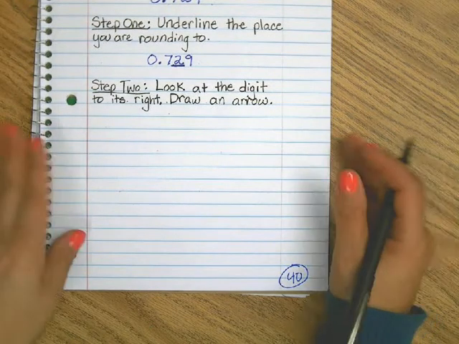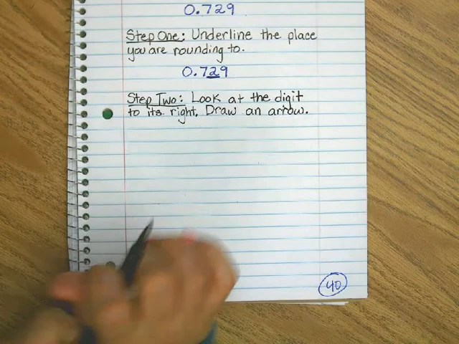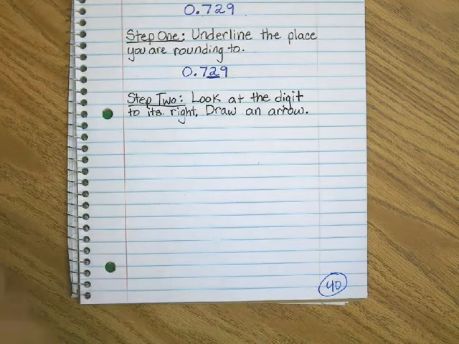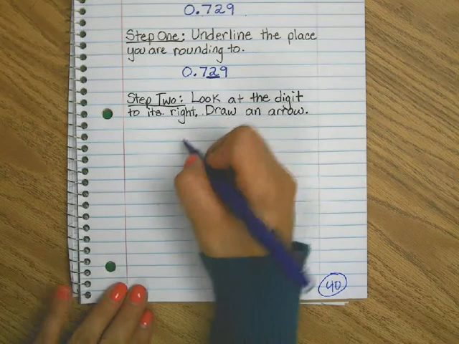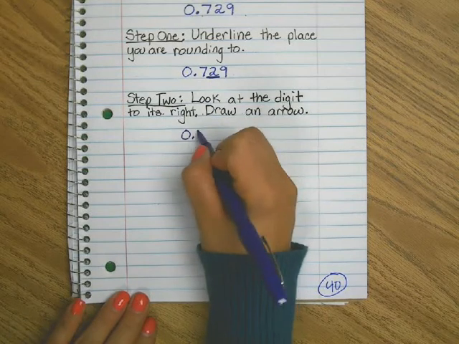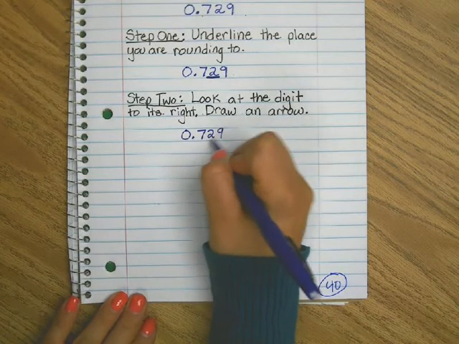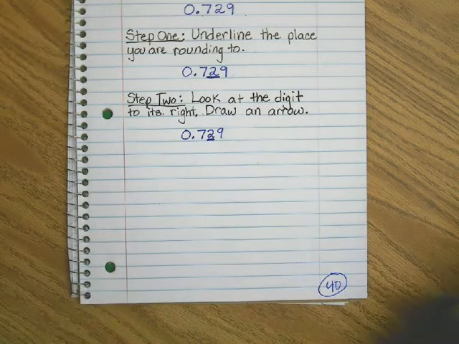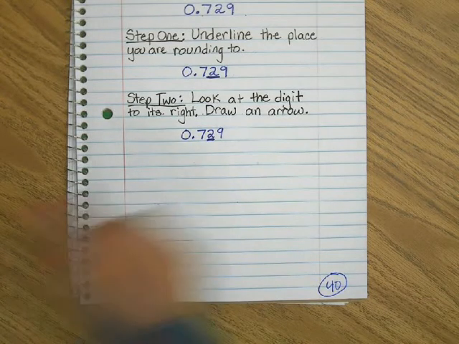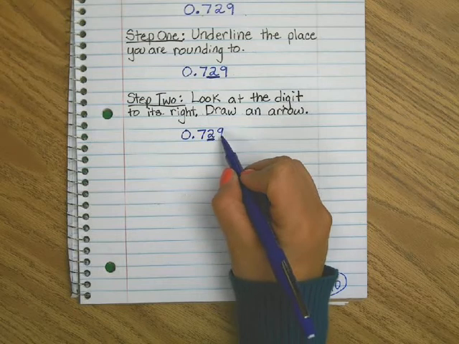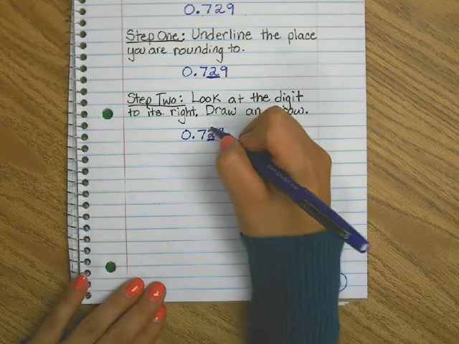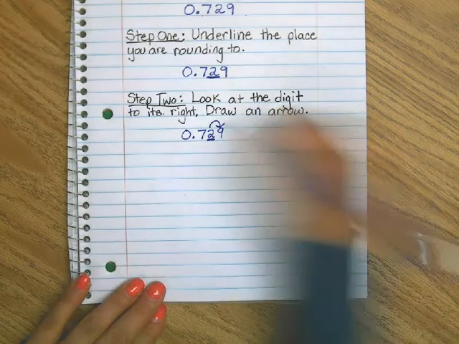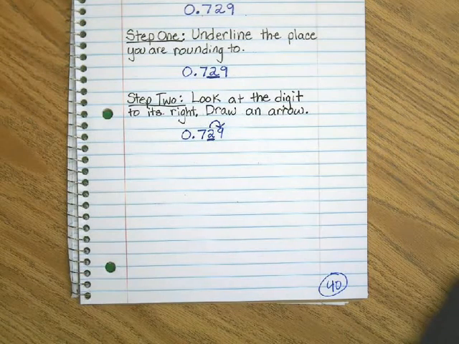So for my example, I'm going to copy down everything I've done so far, which is underlined the 2, right? I'm going to look at the digit to its right. What digit is that? 9. I'm going to draw an arrow. Is that a pretty hard step? Yeah. Very hard.